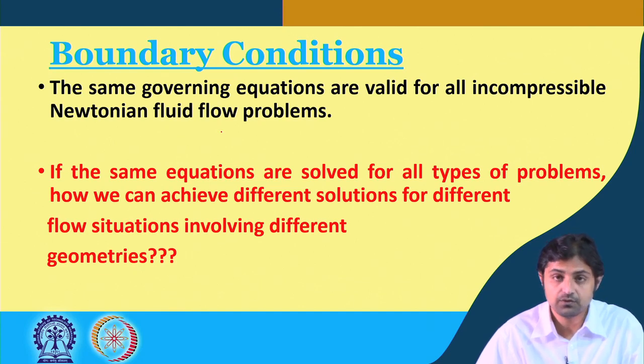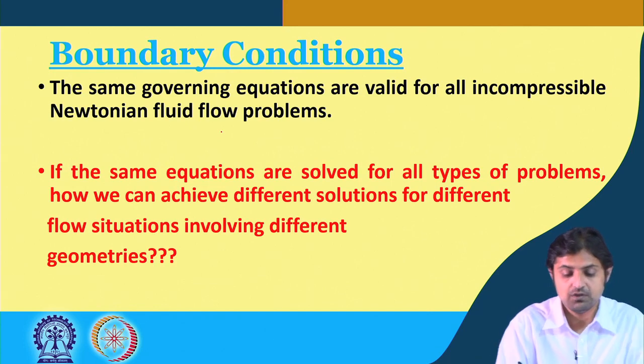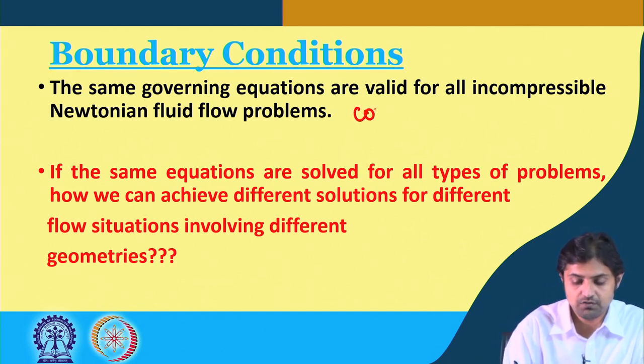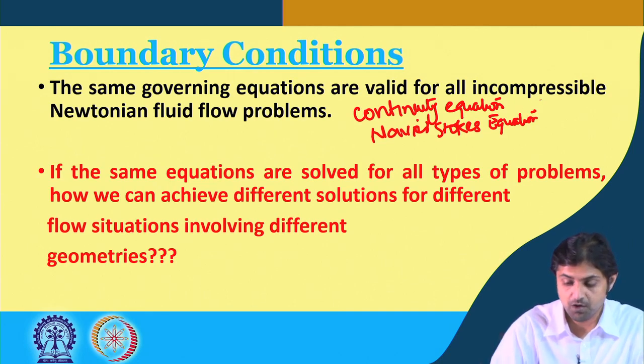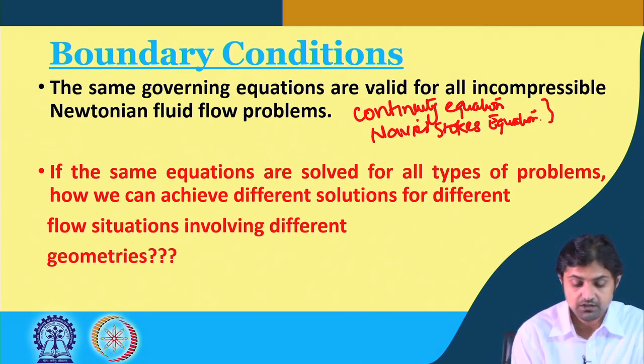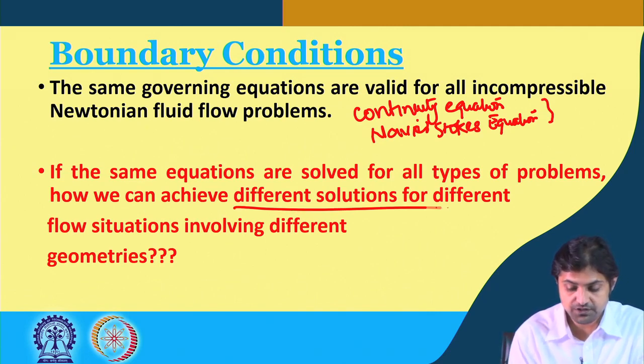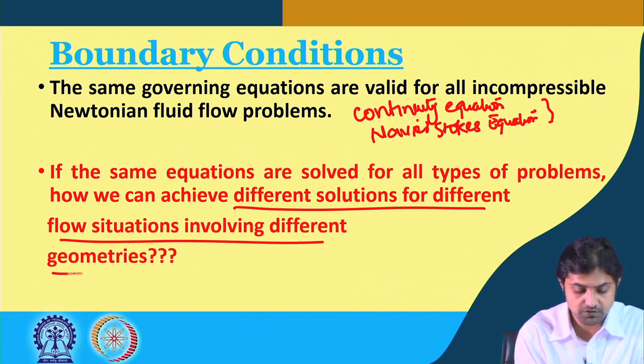That is the question. Because which governing equations are we talking about? We are talking about the continuity equation, Navier-Stokes equation. So this is common for all the fluid flow problems, right? Then how do we achieve different solutions for different flow situations involving different geometries?